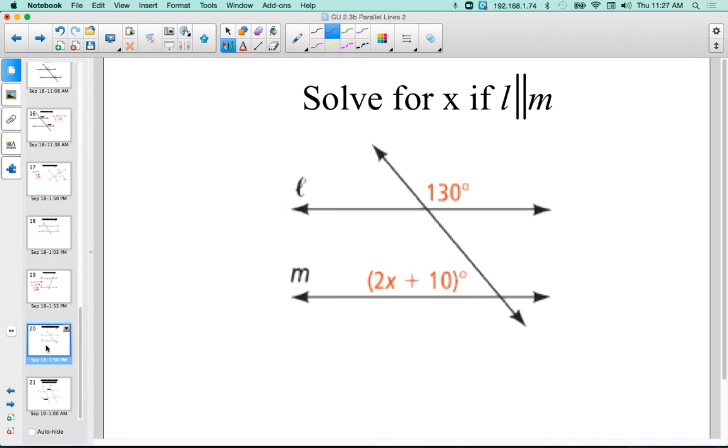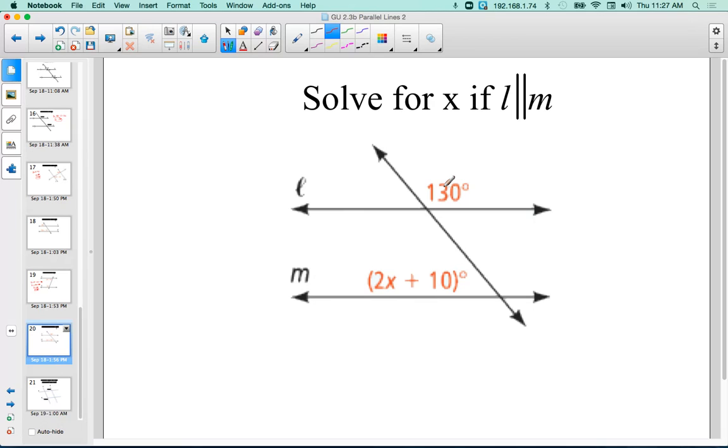This is one where we've got to do a little work. I'm not going to do the entire problem here, but I am going to talk about how to set it up. You can do this a couple different ways. This is not a specific angle pair here. All right, 130. That's an exterior angle. This is interior. But the only pair we know that are like that are corresponding, and these are not corresponding.